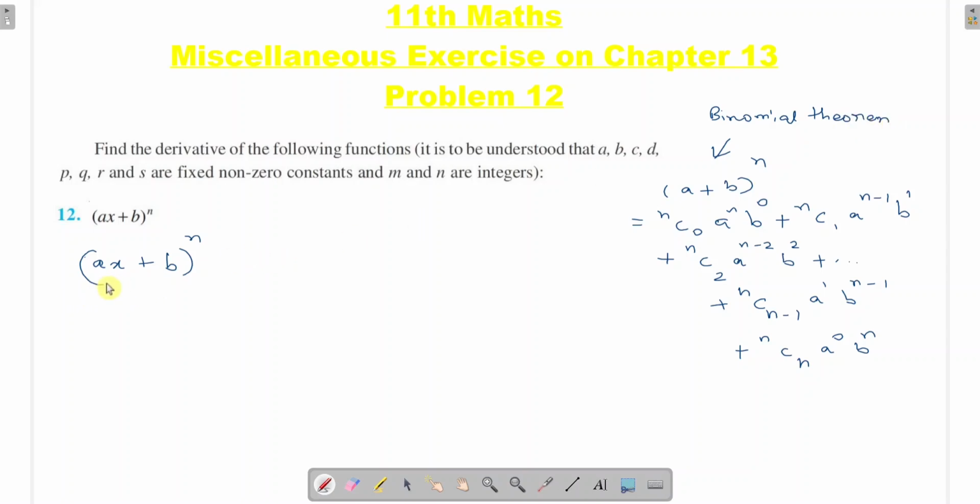Now we have to use the binomial theorem for this expression. Your a here is nothing but ax, and b is b here.